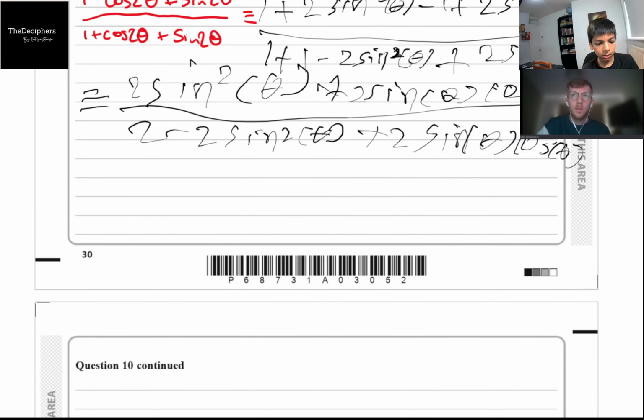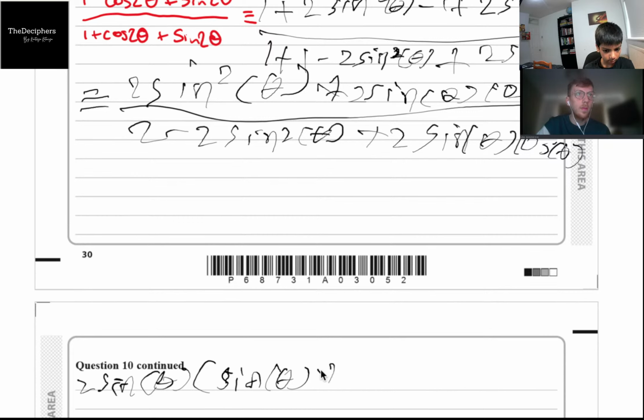So the numerator, we can factor out 2 sin theta times sin theta plus cos theta. Good. Excellent.